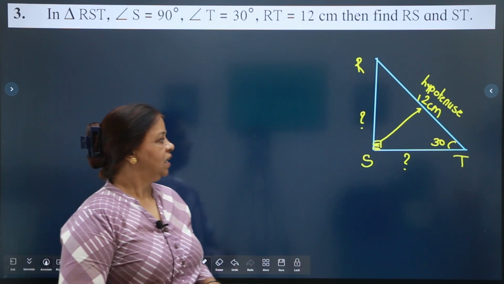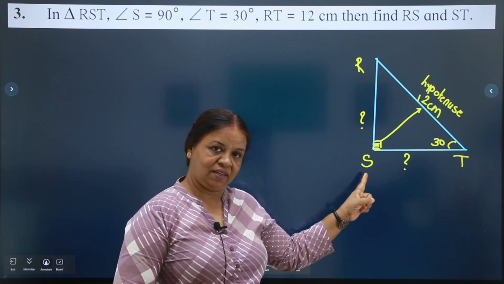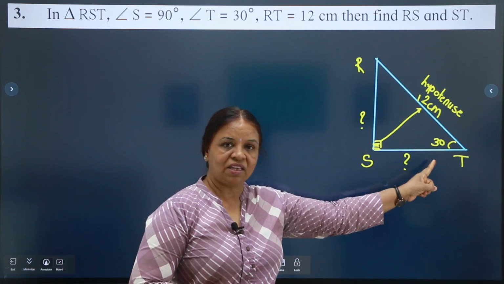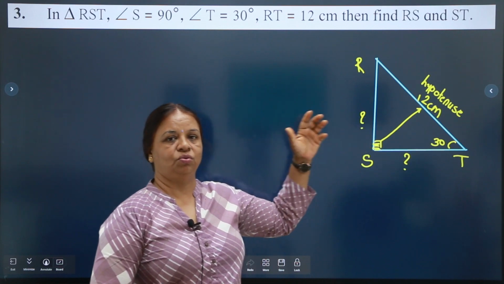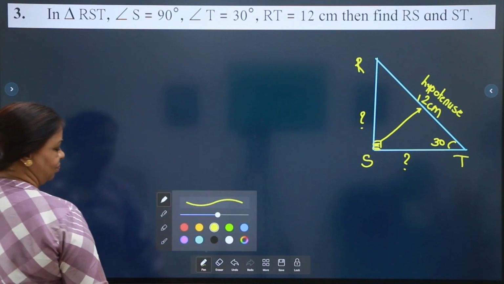So children, in this triangle, one angle is given as 90 degrees, the second angle is given as 30 degrees. So naturally we can find out the third angle of the triangle.